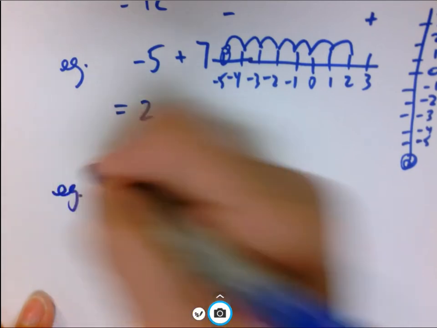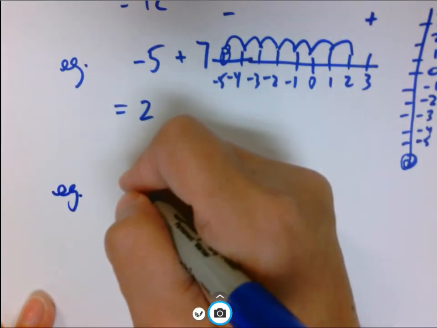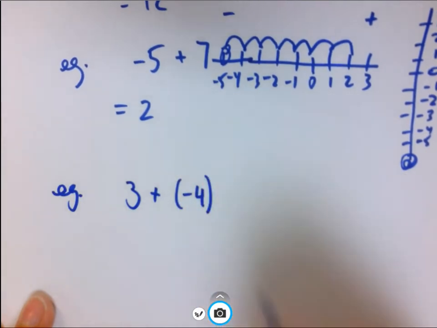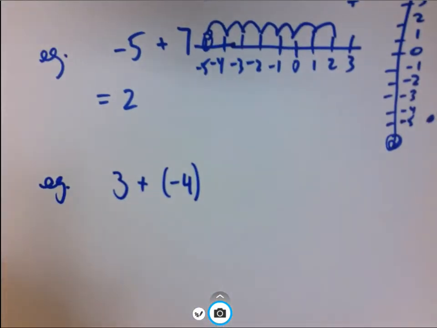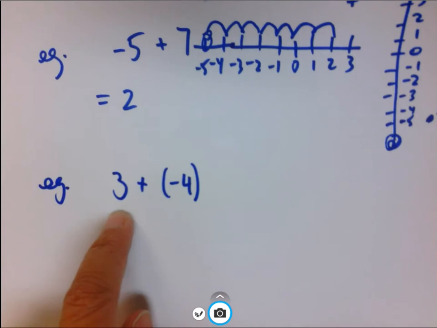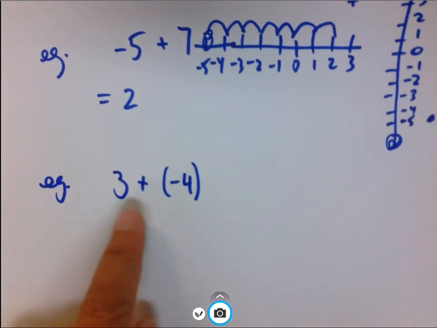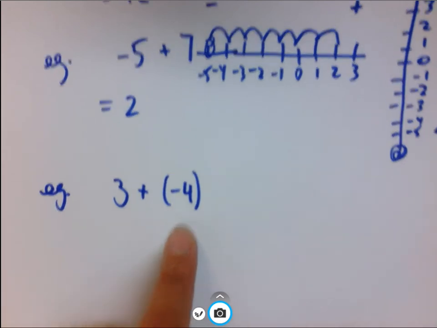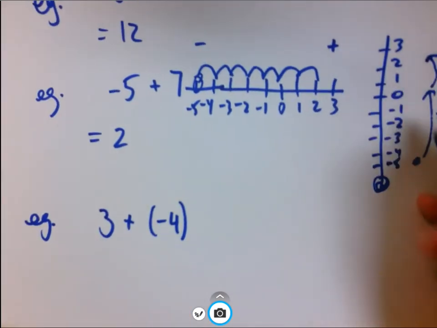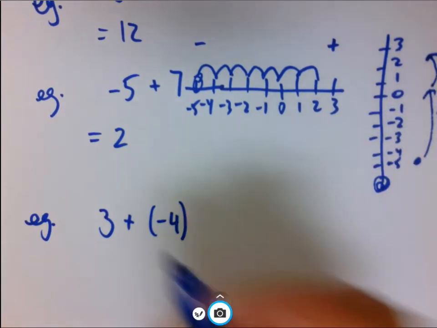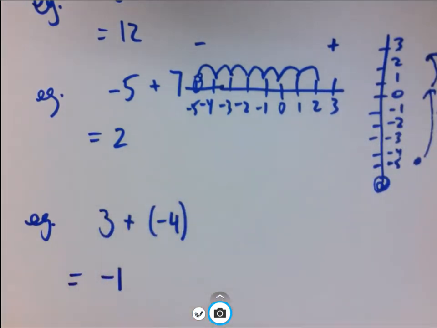Let's add up 3 plus negative 4. Okay, so 3 plus negative 4, the temperature is 3 degrees, and it goes down 4 degrees. So it's like we're adding cold. So if you're at 3 degrees and you go down 4 degrees, 1, 2, 3, 4, that's going to put me at negative 1. Right, so if temperature helps, then that's great.